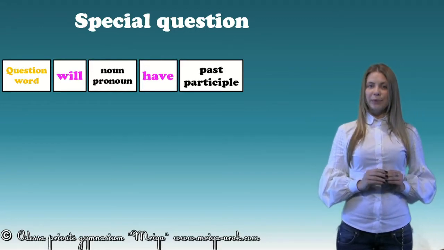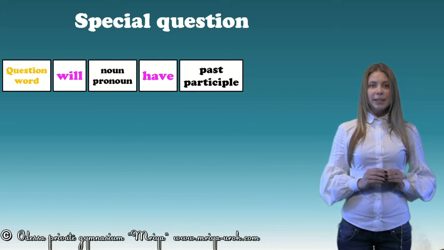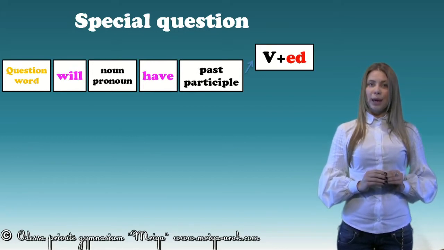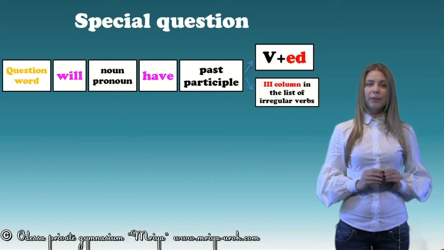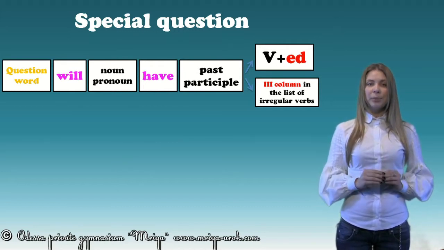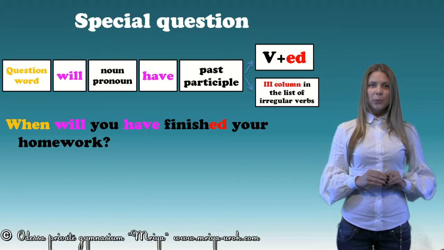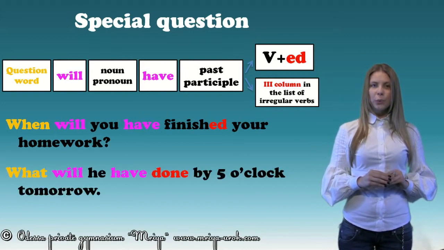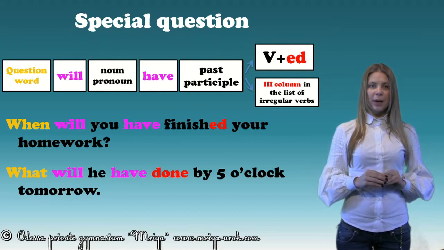Again, if you have a regular verb, you put ed ending to it. If you have an irregular one, you have to find the third column in the list of the irregular verbs. For example, when will you have finished your homework? What will he have done by 5 o'clock tomorrow?